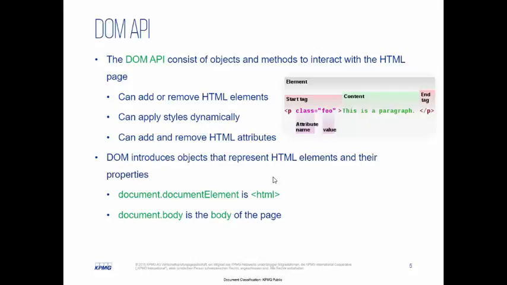So we have an API, the DOM API, and it allows us to interact with our page elements: add, remove, modify, change styling, change classes, add and remove attributes, read them, of course. You can read from them. You can interpret the structure of the page.